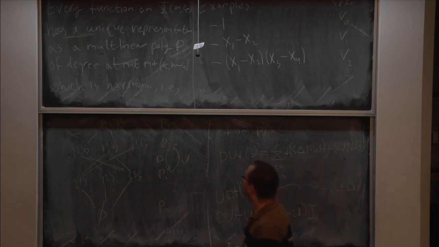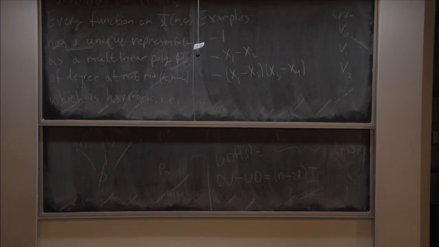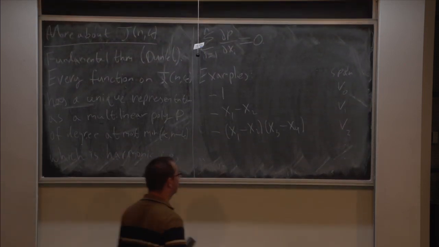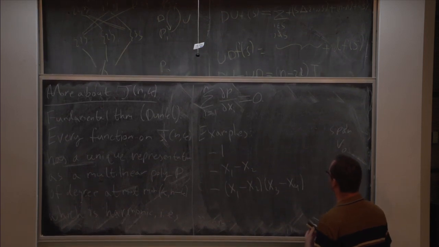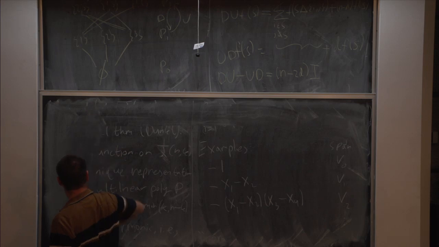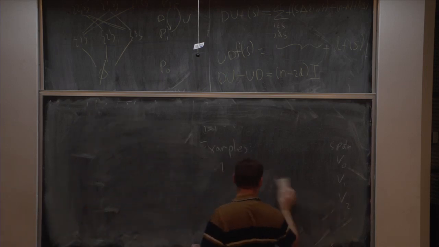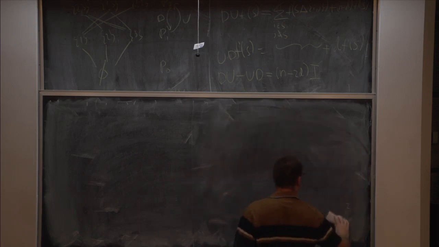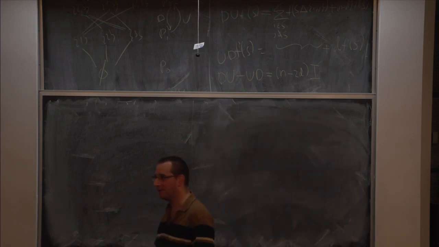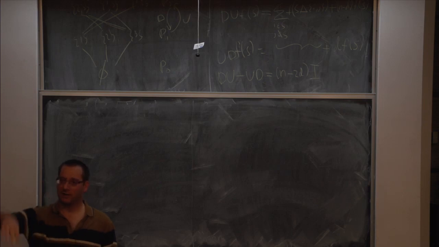Okay, now why is this of interest to us? So now let us consider some Johnson scheme J(n,k) with k at most n over 2. And let's consider a function which lives in the highest common eigenspace.